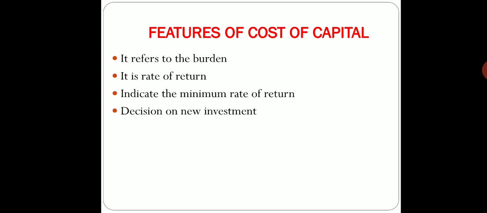And if the particular capital is available at the minimum cost, then definitely the organization is able to make the new investment with 100% capitalization nature. So, through a simple calculation of cost of capital, the company is able to get the maximum benefits.